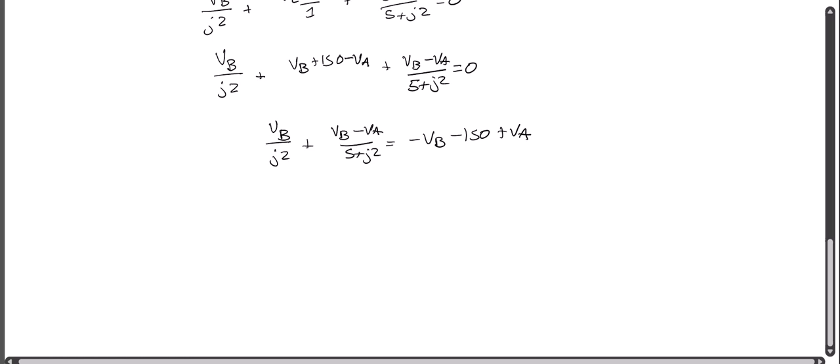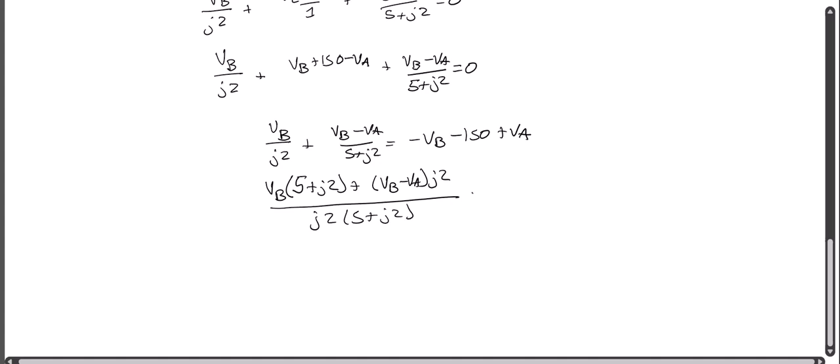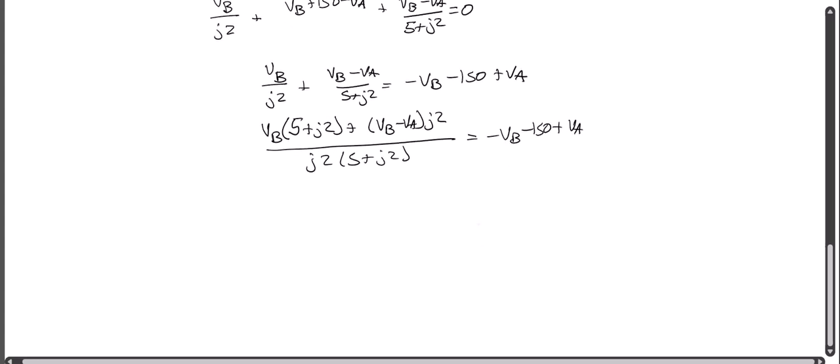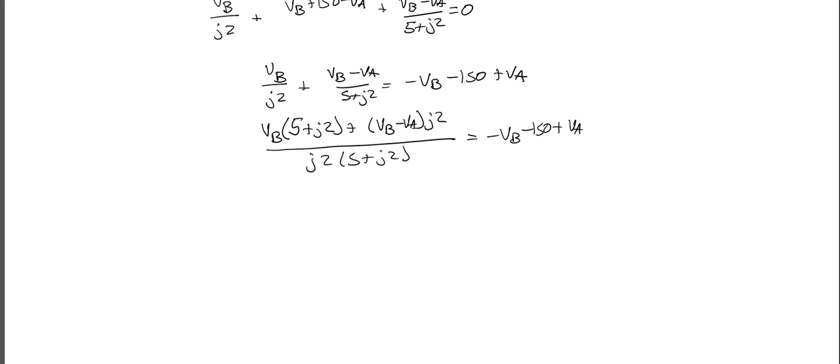Then get a common denominator: VB times (5 plus j2) plus (VB minus VA) times j2, over j2 times (5 plus j2), equals minus VB minus 150 plus VA. And then I simplified all of this.